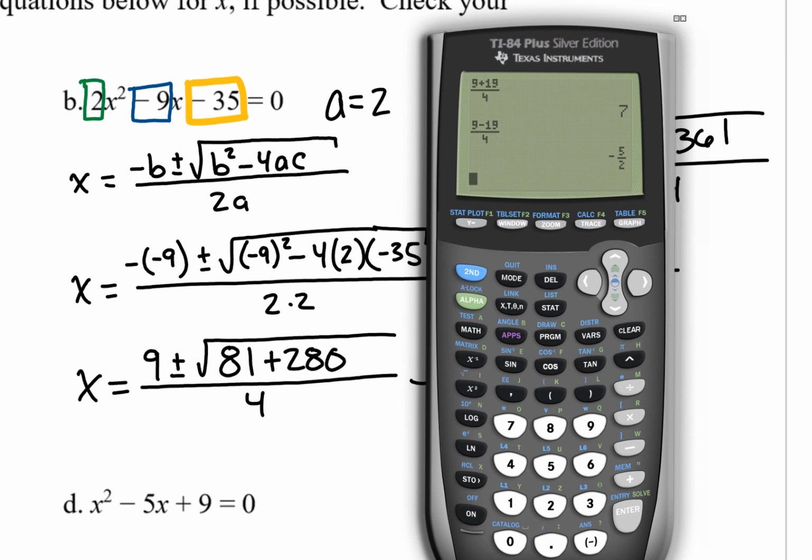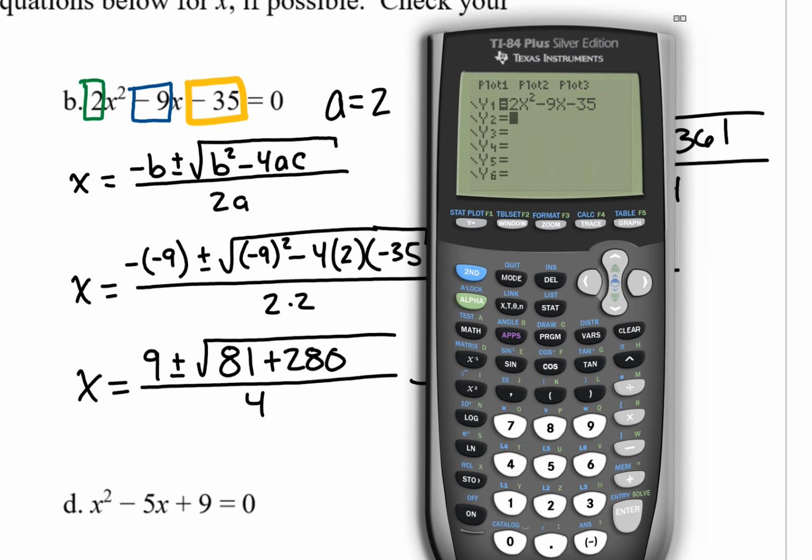And there's a really good way to check that. If I go ahead and graph this function, I would enter 2x squared minus 9x, and then minus 35.